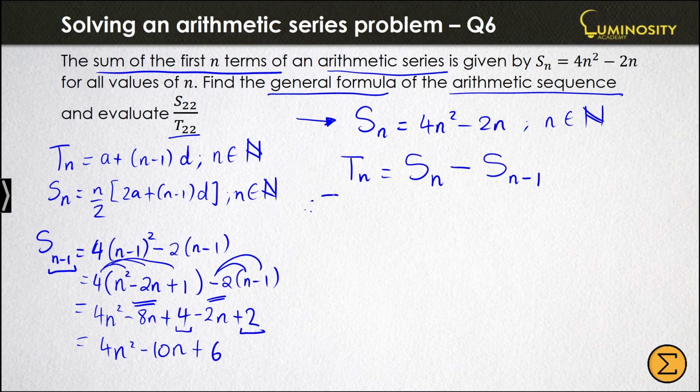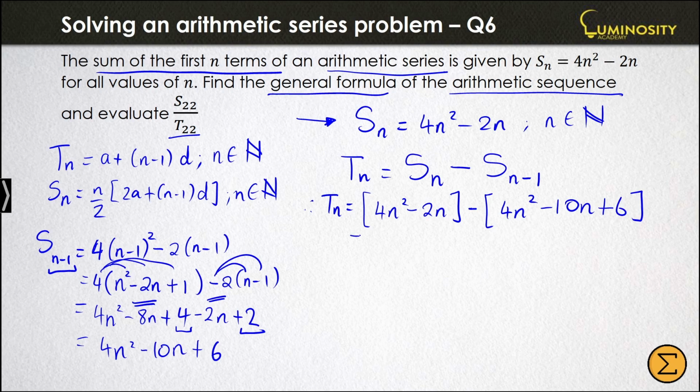So therefore, t sub n is equal to Sn, which is 4n squared minus 2n, minus S sub n minus 1, which is 4n squared minus 10n plus 6. So now I say 4n squared minus 2n, distribute out the negative sign.